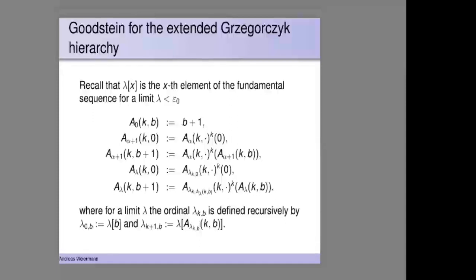And lambda k plus 1b is I take lambda, but now not at b, but I take lambda kb as an index for the Ackermann function. I calculate a lambda kb of kb. This produces a big number, and I plug this into the fundamental sequence. So these fundamental sequences converge a bit more quickly than the usual ones.